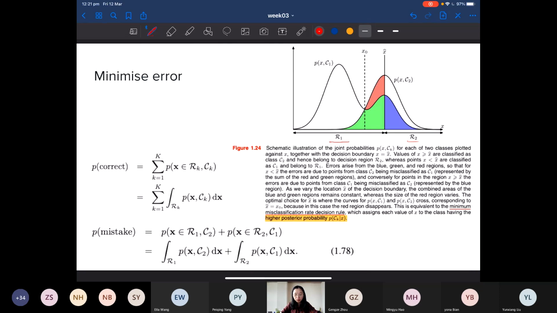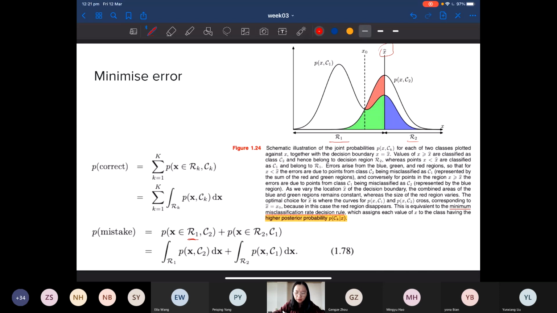So if we cut the region at the point x hat, we can compute the probability of error by looking at the probability of x belonging to region R1, but x actually belonging to C2.